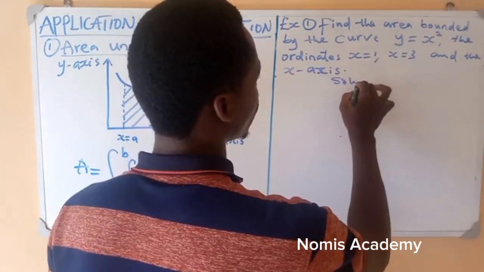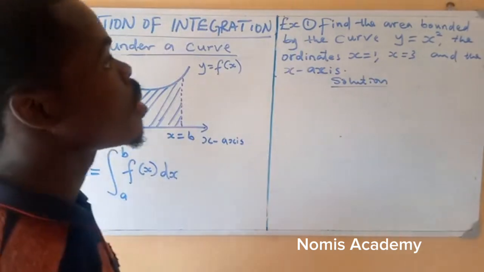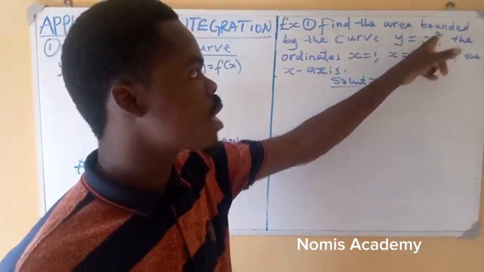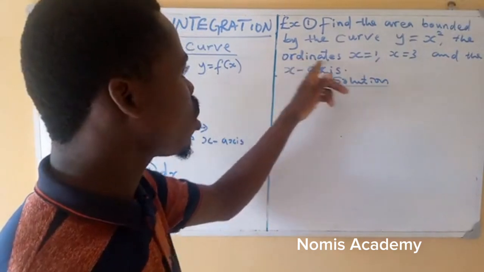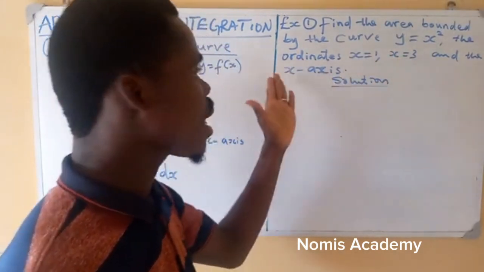Alright, so we are asked to find the area bounded by the curve y equal to x squared, and then the ordinate x equal to 1 and x equal to 3, and the x-axis.